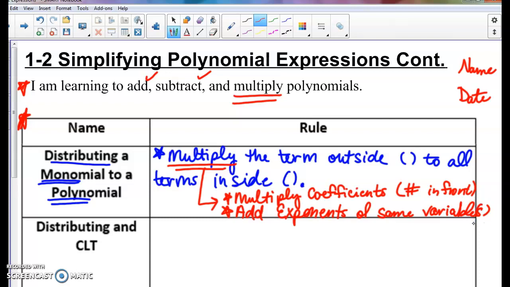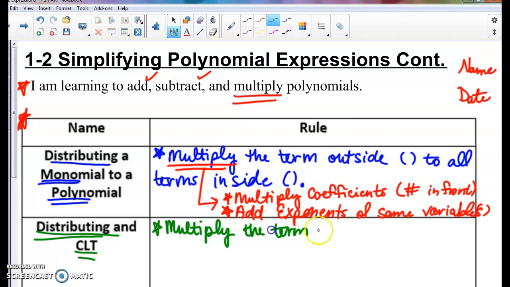There we go. Now the second rule we're going to look at today is distributing and combining like terms. So this one has two steps. The first step is to, once again, where we're distributing, multiply the term on the outside parentheses to all terms inside parentheses.